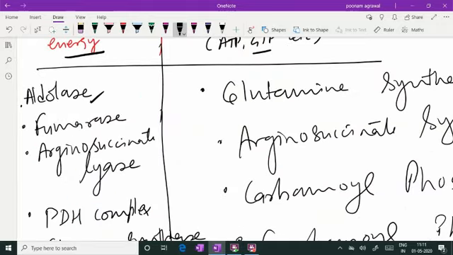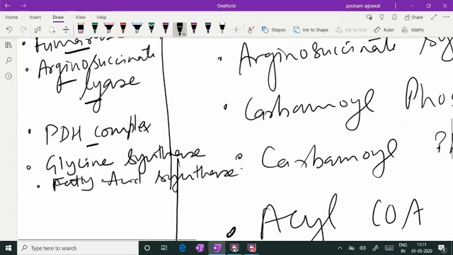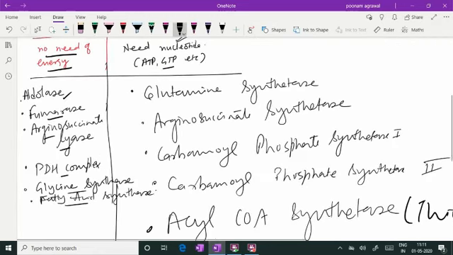And aldolase, which we see in glycolysis and fructose catabolism, fumarase in the TCA cycle, arginosuccinate lyase in the urea cycle, PDH complex in oxidation of pyruvate, glycine synthase, fatty acid synthase, they all belong to this category.